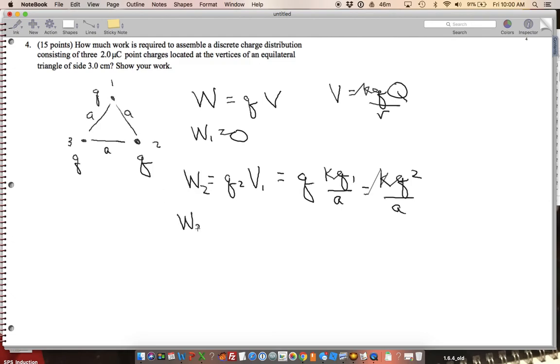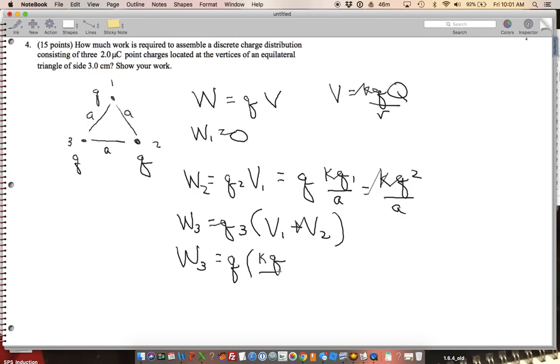So W3 is going to equal Q3 times the potential of V1 plus V2. So W3 is going to equal Q, because Q3 is just Q, times K Q over A for 1, plus the same thing, K Q over A for 2. So the same distance away, same Q's.